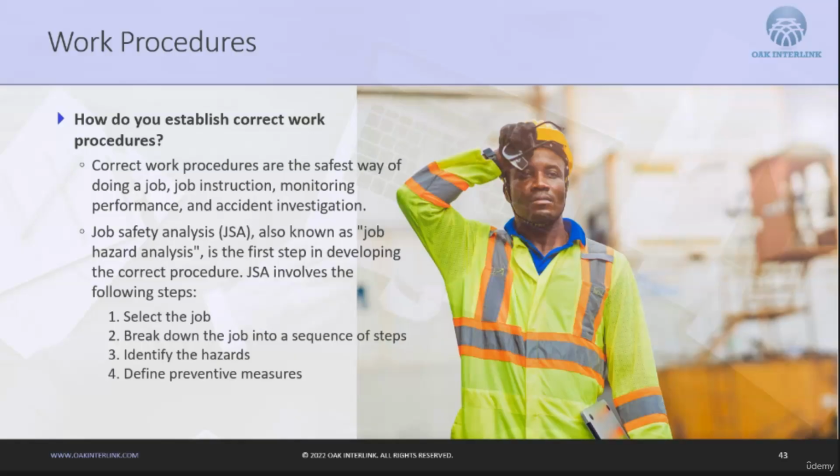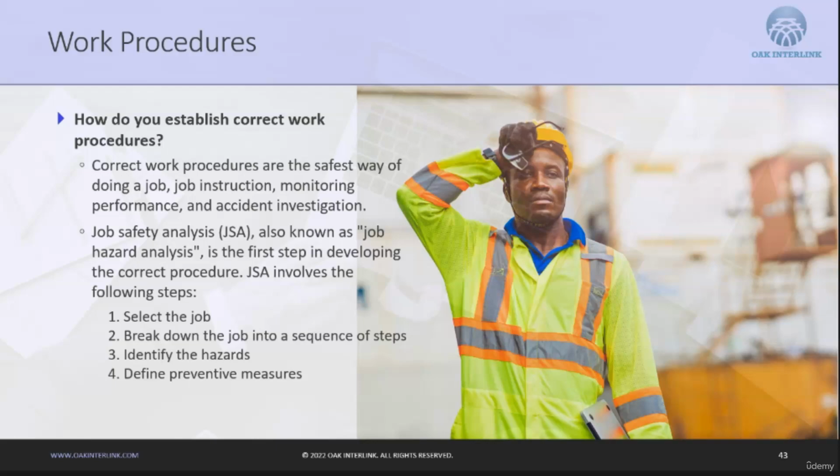The analysis should be conducted on all critical tasks or jobs as a first priority. Essentially, what this is all about is that, starting from critical tasks or jobs, there should be job safety analysis on all work that needs to be carried out in a particular organization or facility.